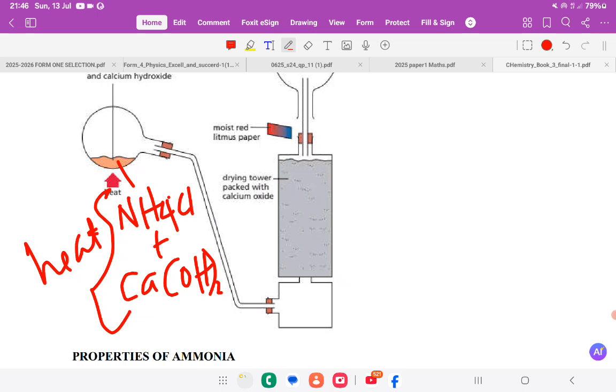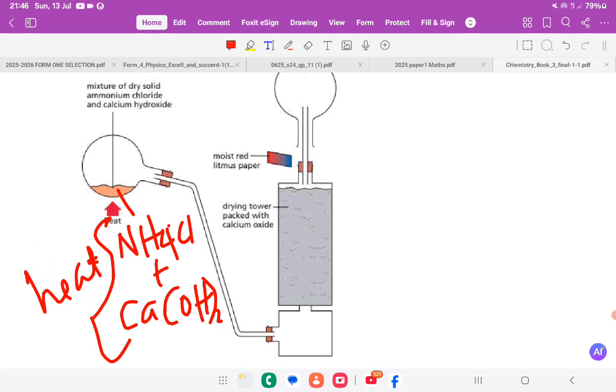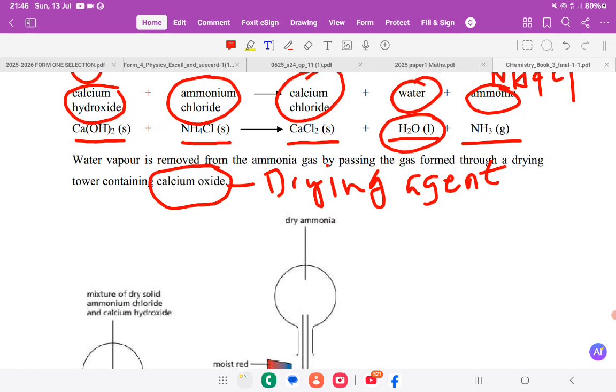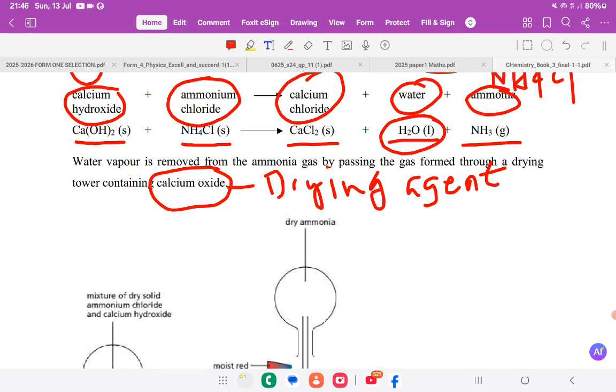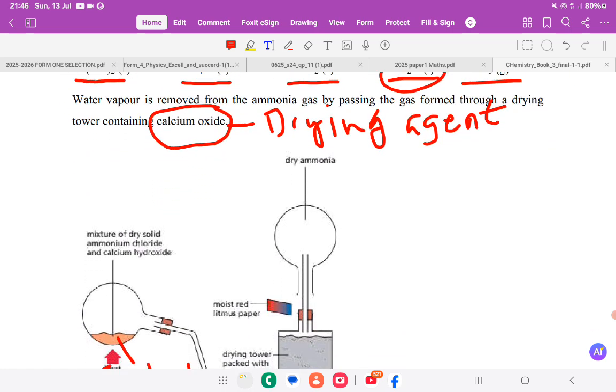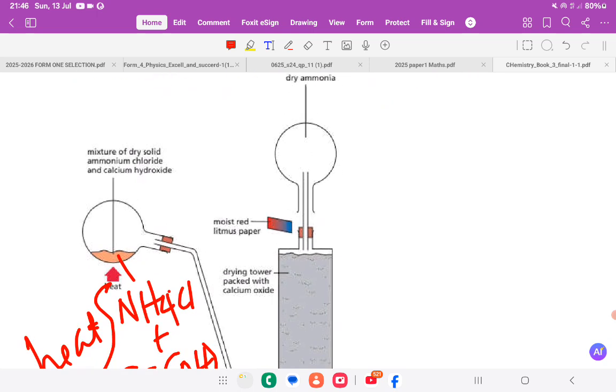So the heating would result in the formation of water vapor, calcium chloride, and ammonia. So what will remain here in the reaction vessel is the calcium chloride.